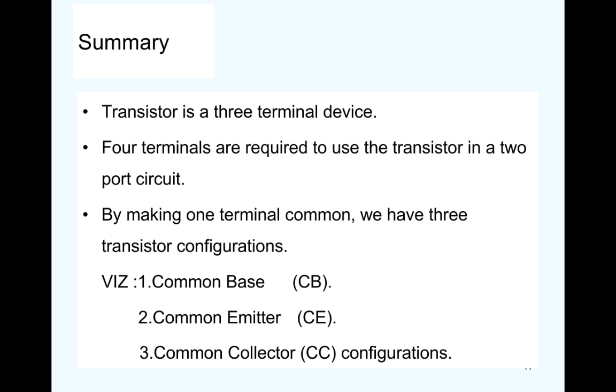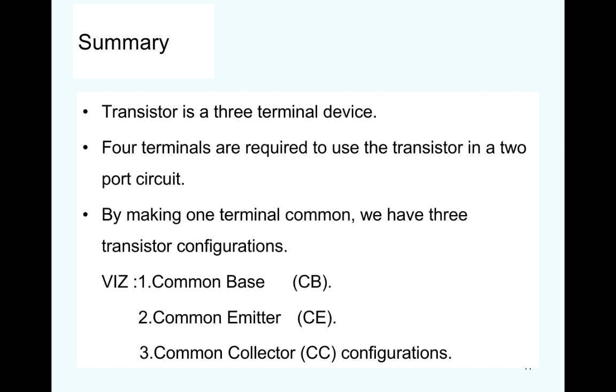In the common base configuration, we connect the base to ground, and we apply the input between emitter and base, and the output appears between collector and base. In the common emitter configuration, we connect the emitter to ground, apply the input between base and emitter, and take the output at emitter and collector.